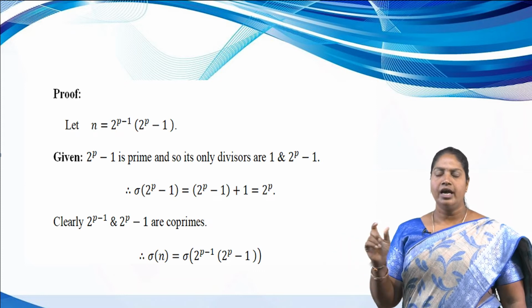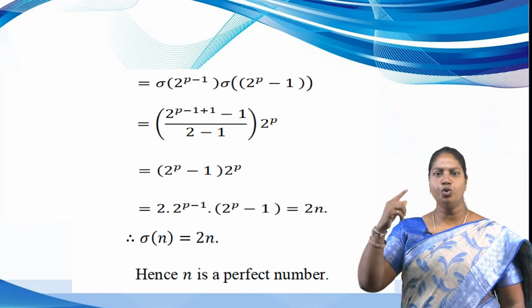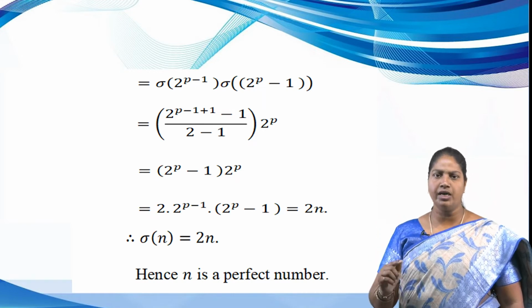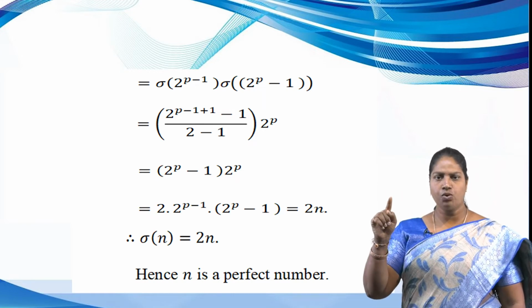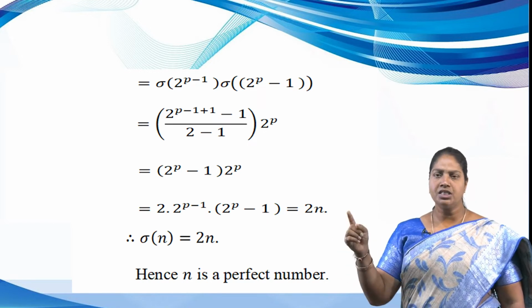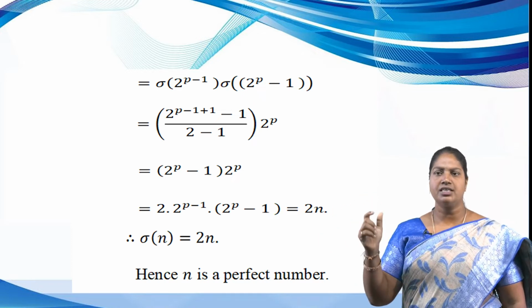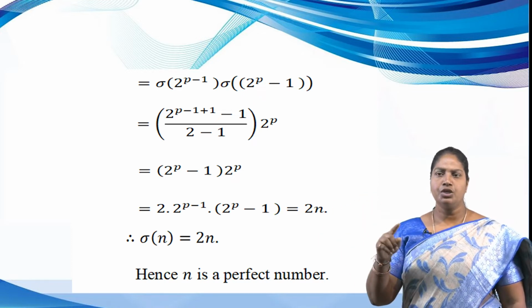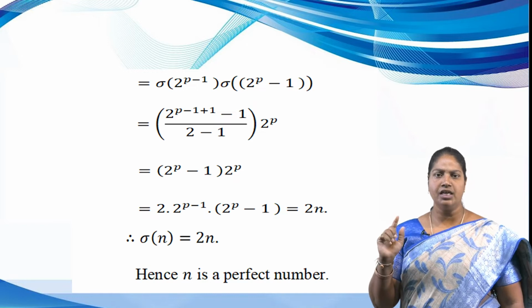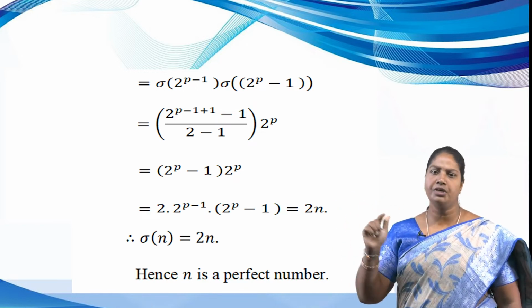Now by the definition of the sum of the divisors, sigma of 2 power p minus 1 is nothing but 2 power p minus 1 plus 1, minus 1 by 2 minus 1. Into, since 2 power p minus 1 is a prime, that sigma is nothing but 2 power p. So using the calculation, we observe that this is nothing but 2 power p minus 1 into 2 power p.